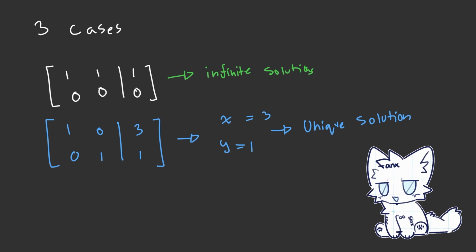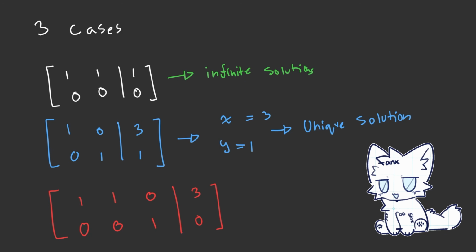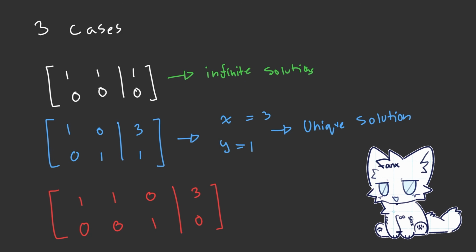Now let's take a look at the last example. So if you write this out, you immediately see that there's a contradiction.